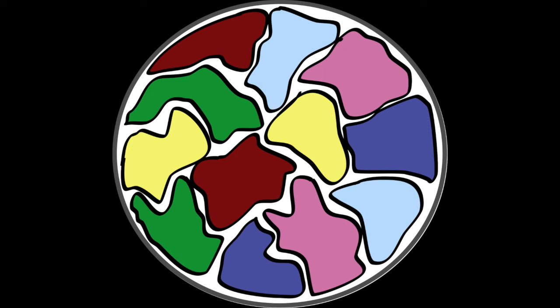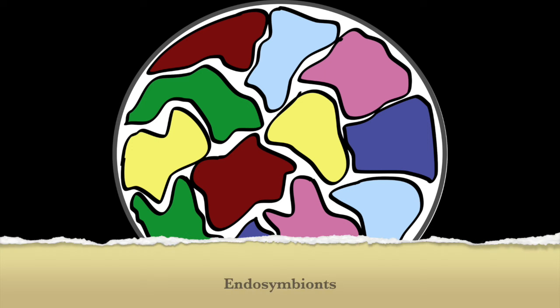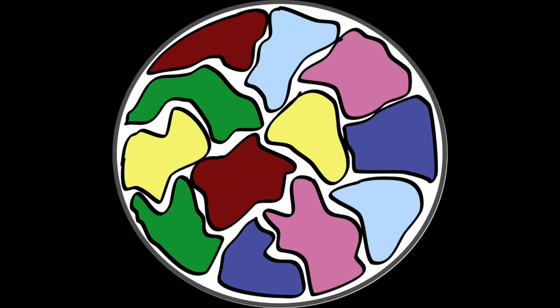I want you to think about each one of these things as their own cells within the nucleus. And if that were the case, these would be called endo, which means within, symbionts, which means very similar to something like a mitochondria or a chloroplast. They are doing something within that nucleus that is unique to their functions that helps the cell, our kind of cells, to develop and become all different kinds of cells.